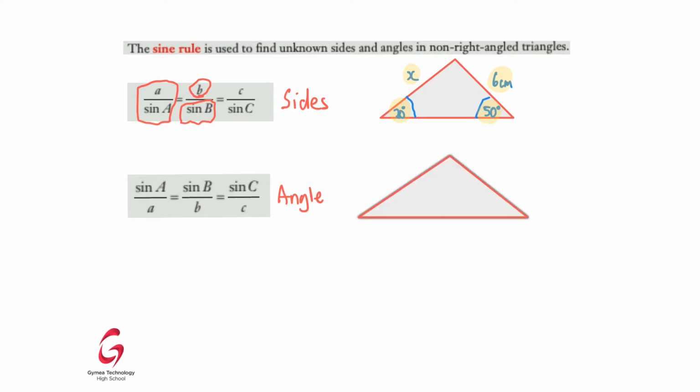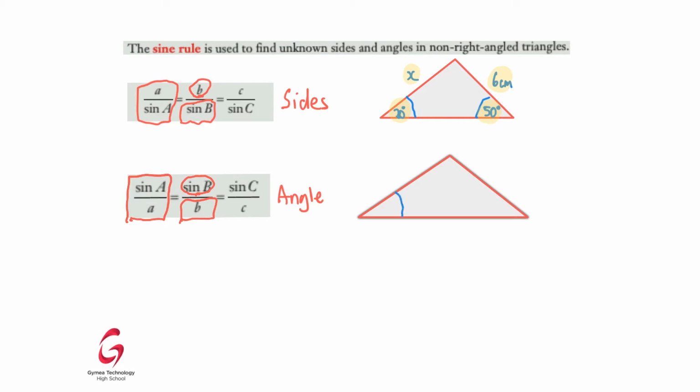Now, if we were interested in finding angles, same type of thing applies. We must know an angle and its matching side length. Then we must know another side length, and that will enable us to find its corresponding angle.